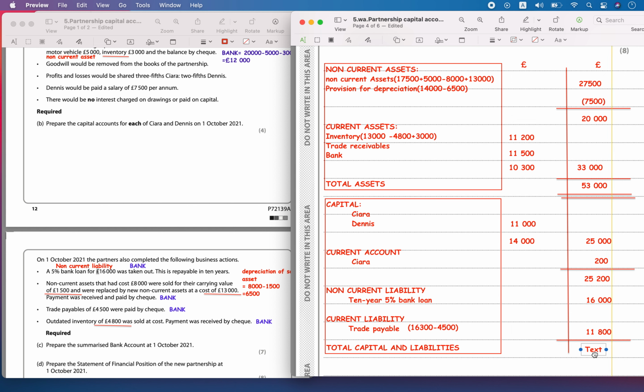When you add up, it will be equal to 53,000. So that is the total capital and liabilities, and we can see that this has balanced.